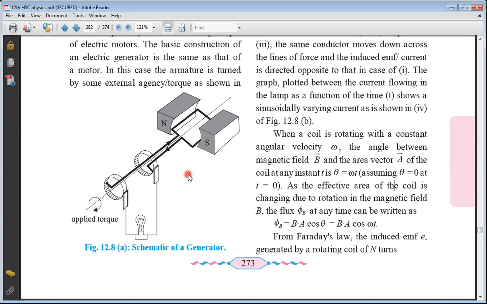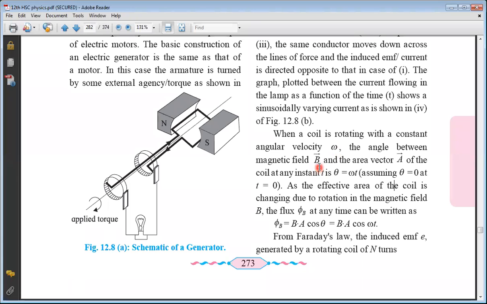Now, coming to the derivation, please try to understand. Let us say the coil is rotated with an angular velocity omega. Omega will be in radians per second. Instead of saying the coil rotates at 30 degrees per second or 40 degrees per second, I will talk of 2 pi radians per second, 100 pi radians per second, etc. Omega is the speed in radians per second with which the coil is rotating.